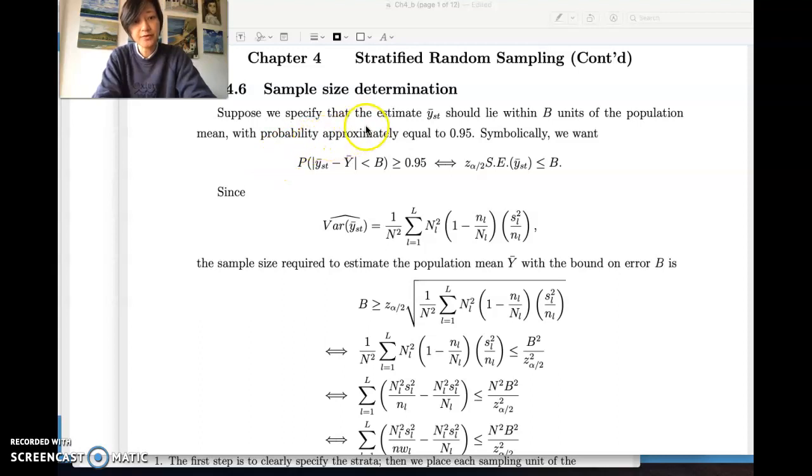Suppose we specify that the estimate y bar should lie within a bound of error of b units of the population mean.